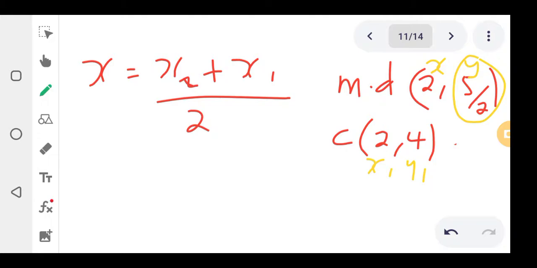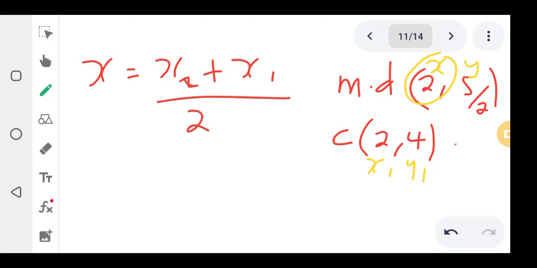On x you put 5 over 2. On y you put 5 over 2.